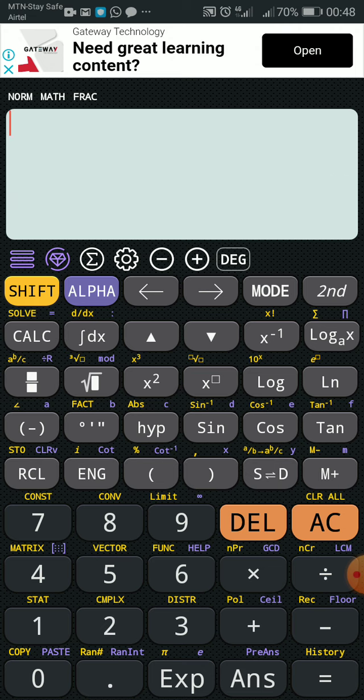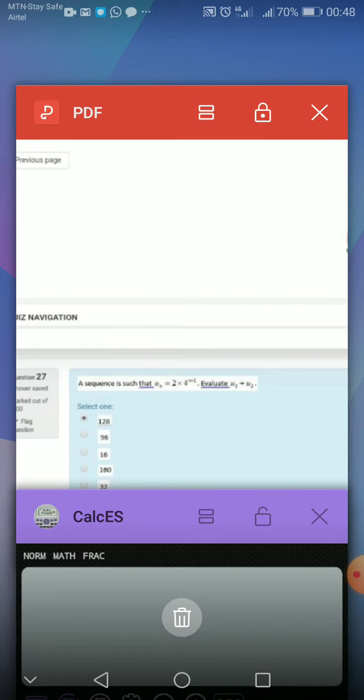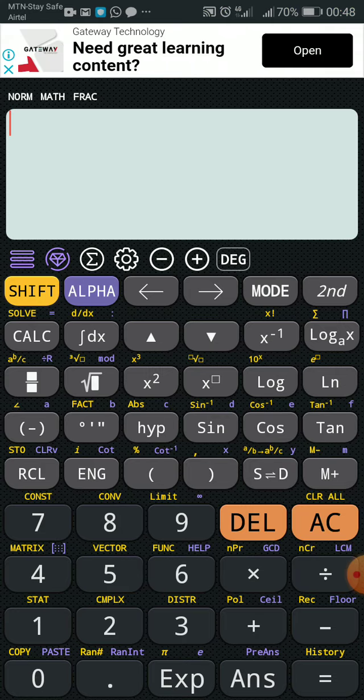U5 minus U4. Sorry, I'm thinking, an idea came to my mind, I just forgot. Okay, just one way can be substitute the value of 5 for x. You can open bracket. U5 can be 2 times 4 raised to power x minus 1.